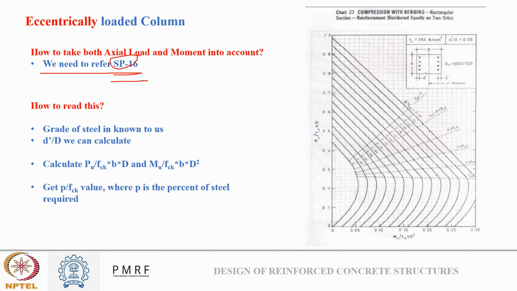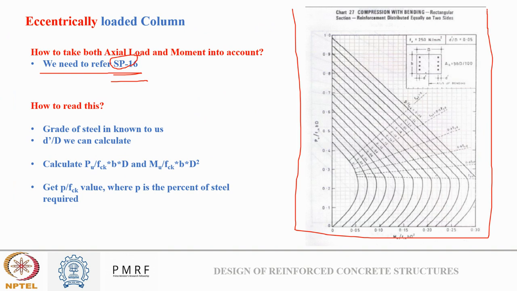In SP16 there are different charts given, for different grades of steel and different d dash by d ratios. This is chart 27 of SP16, and this is for when there is compression with bending for a rectangular section. So if there is compression and bending both, you can follow the guidelines of this chart. I guess there's some doubt.